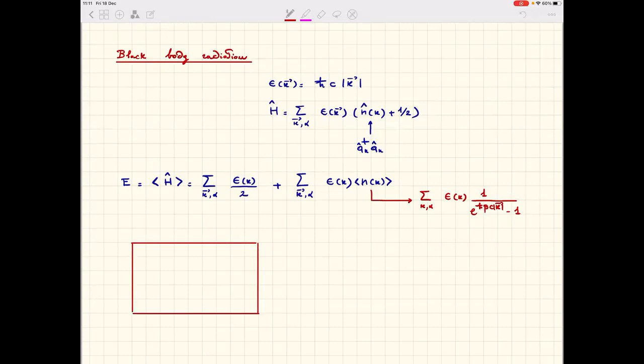In particular, the temperature is kept essentially by the walls of the cavity. That could be, for example, a metal, like in your microwave oven, or in a standard oven in which you cook stuff. When you close it, imagine a metallic box, and you keep some temperature in it.